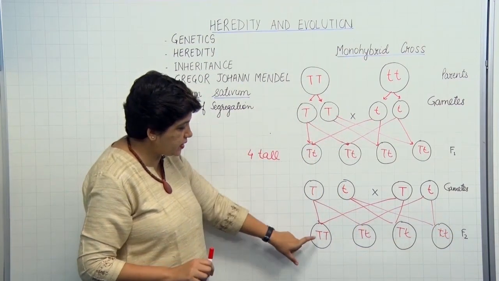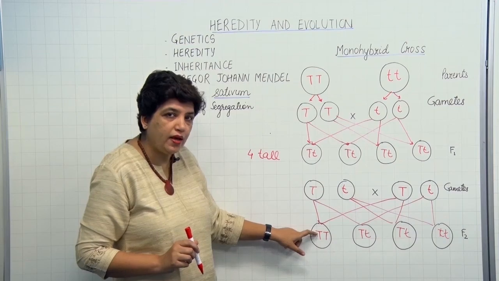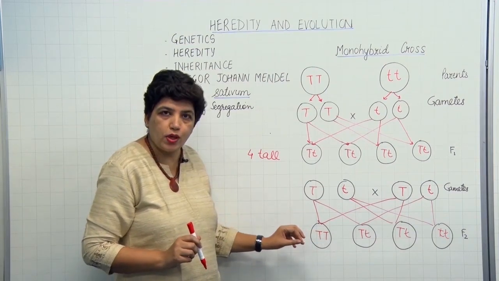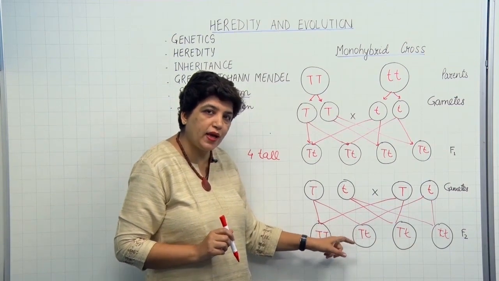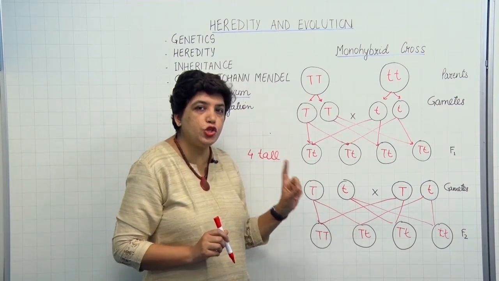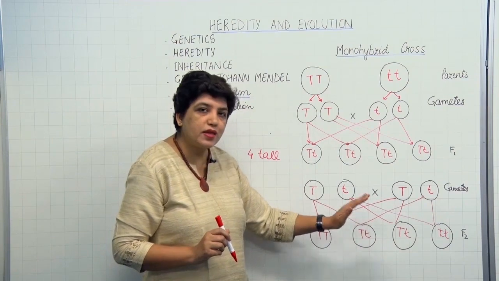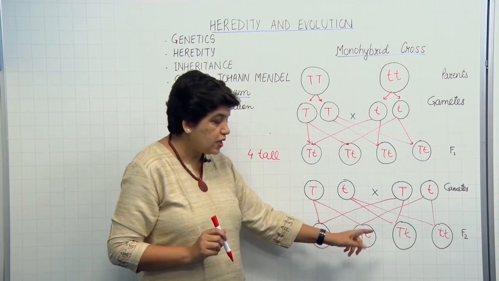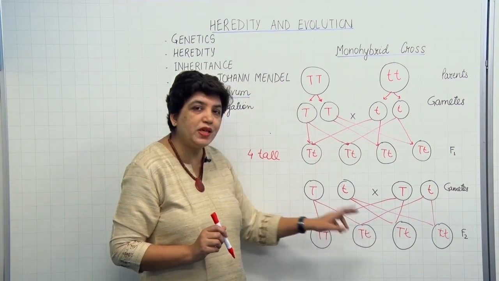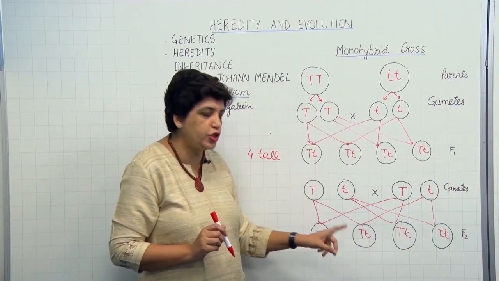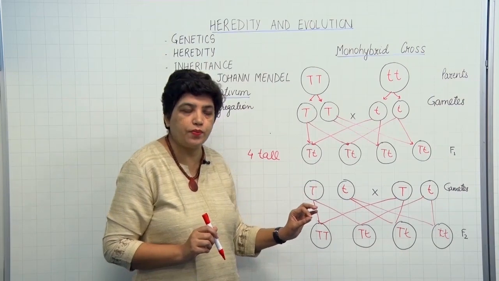In this case, this will be a tall plant. Why? Because it has both the genes of tallness. This plant will also be tall. Why? Because it has one dominant gene of tallness and one recessive gene of dwarfness, so the recessive will not be able to express itself, but the dominant will.